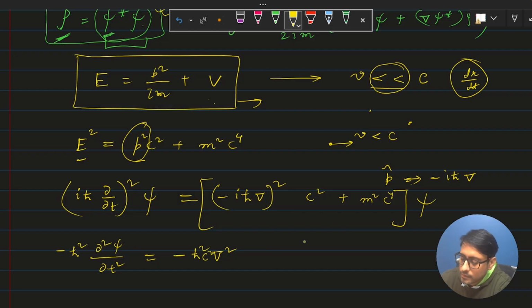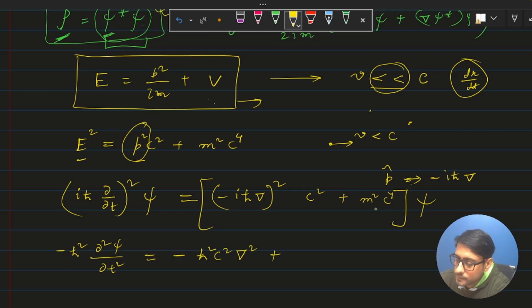Let's write it clearly as h bar square c square del 2. I forgot, this symbol is also called nabla sometimes, or sometimes it is called del, so you can also call it nabla square.